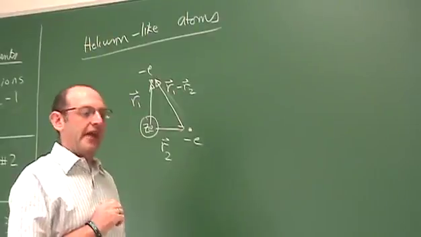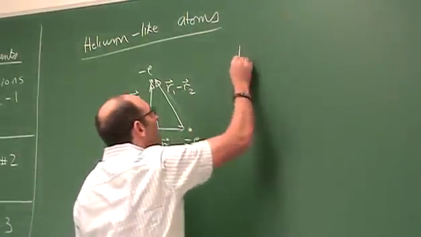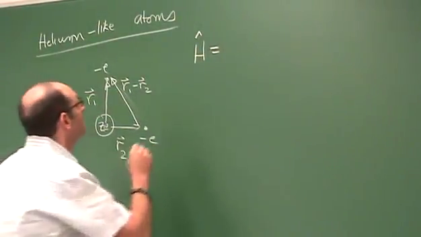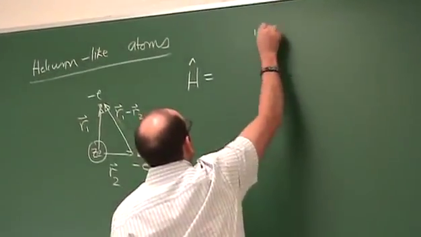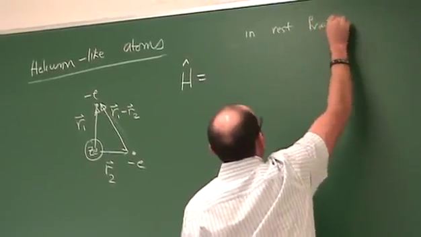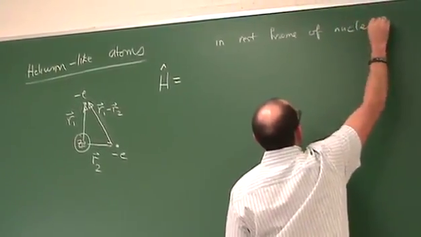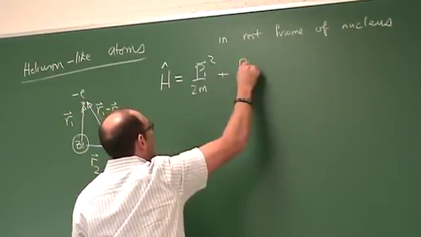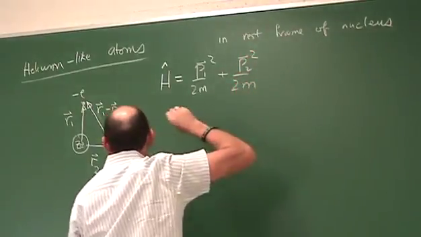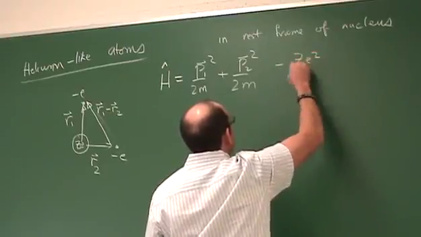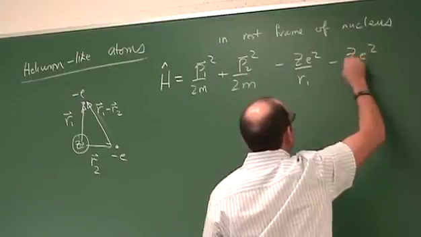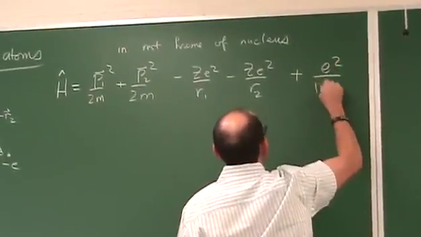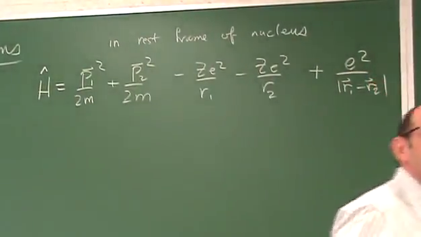In thinking about just the electrostatic part of the interaction, our Hamiltonian here in the rest frame of the nucleus involves the kinetic energy of the 2 electrons, the attraction of each electron to the nucleus, and the repulsion between the 2 electrons, the so-called electron-electron repulsion.